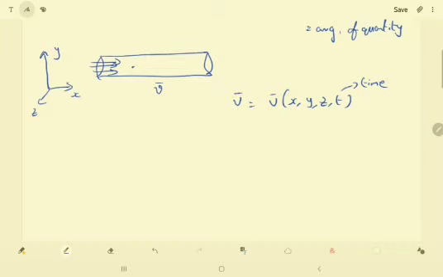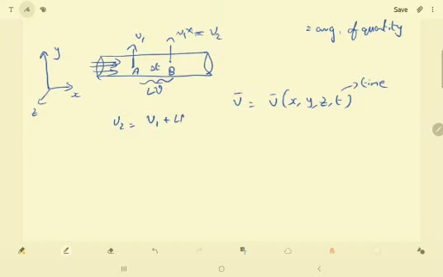As in a pipe, the velocity of the fluid will change from time to time. Suppose we consider point A and point B. At this point the velocity may be v1, but at this point the velocity is not v1. It changes, maybe to v2. Consider this distance as L and this time as delta t.